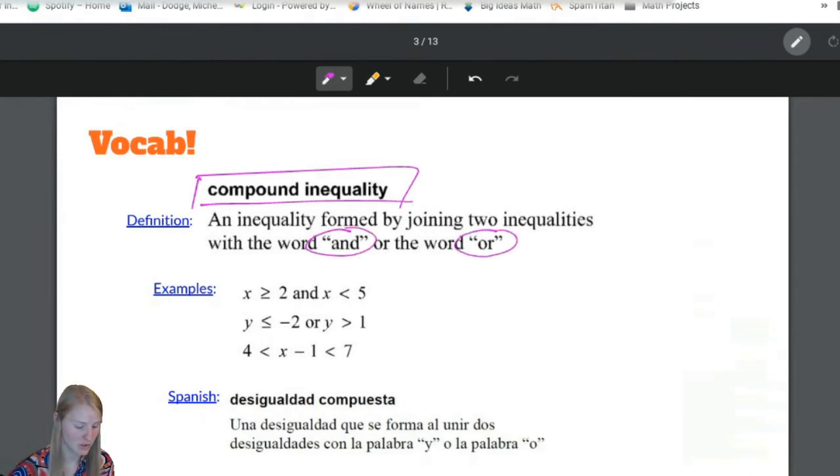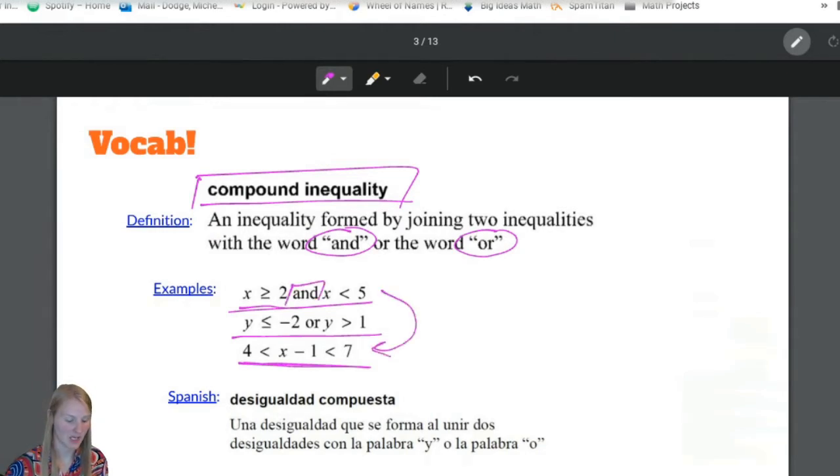So here you can see you have something that looks like this: x greater than 2 and x less than 5. We might have y is less than or equal to negative 2 or y is greater than 1. You can also write the ones that say and this way. If they say or, you cannot write them this way.